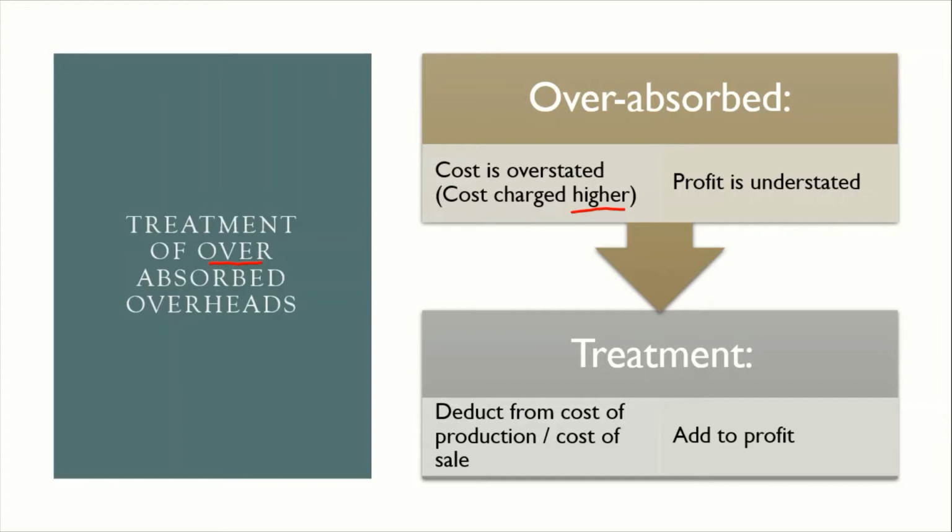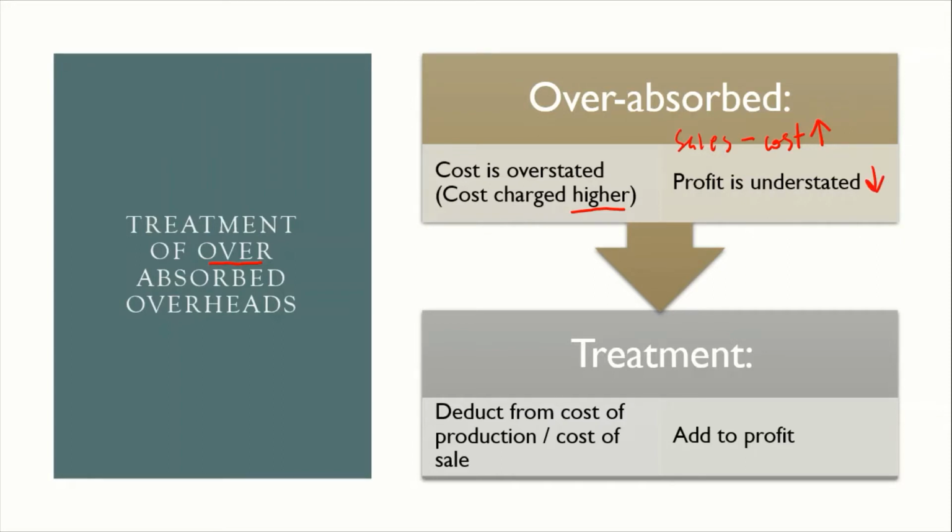So when your cost is higher or overstated, your profit would be lower. Okay, because cost affects profit. Okay, profit is due to the sales minus cost. Okay, so when your cost is higher, your profit would be low. So it is understated.